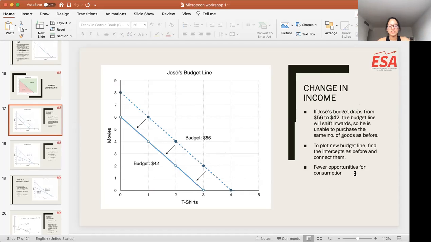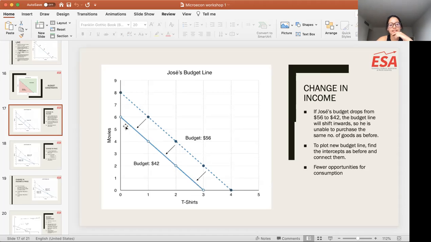To plot the new budget line, you do the exact same thing that you did to plot the first budget line, which was to find the intercepts. In this case, you would do 42 divided by the price of the t-shirt to find the x-intercept, and 42 divided by the price of the movies to find the y-intercept.